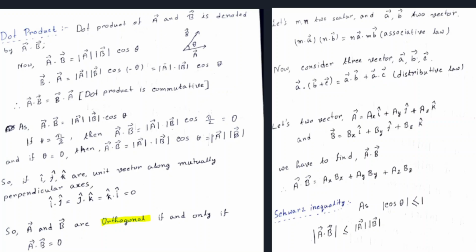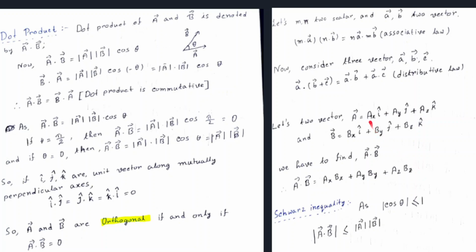Let's consider two vectors. Vector a is equal to ax i cap plus ay j cap plus az k cap, and another vector b is equal to bx i cap plus by j cap plus bz k cap. If we have to find a dot b, then a dot b is equal to ax bx plus ay by plus az bz.